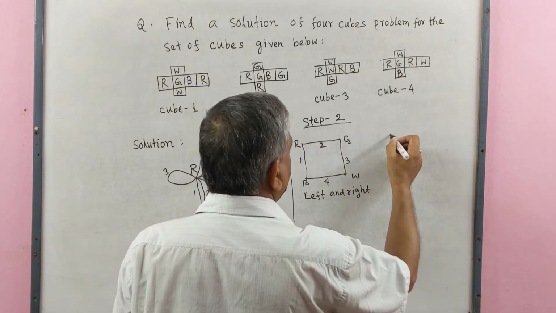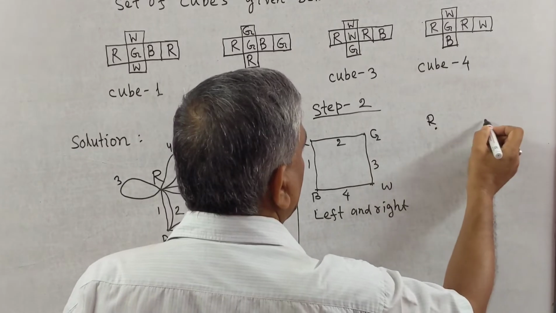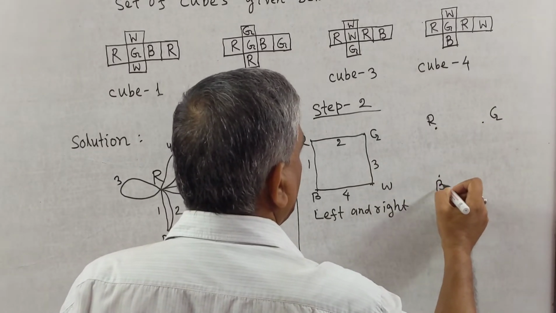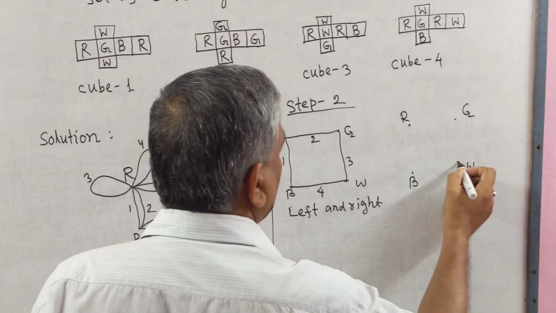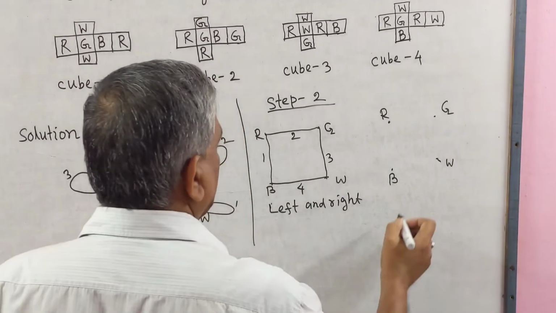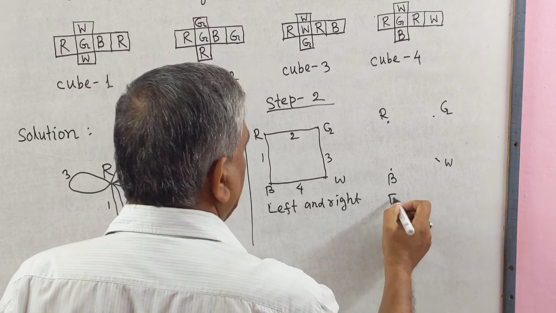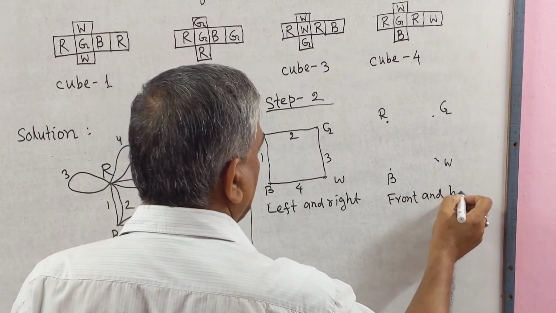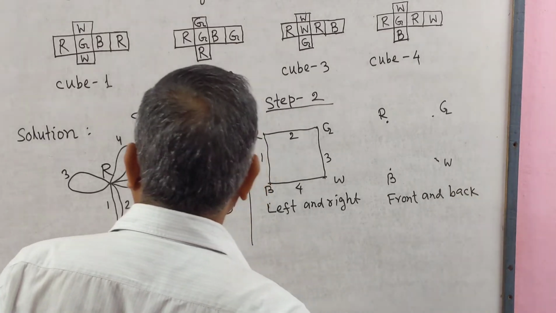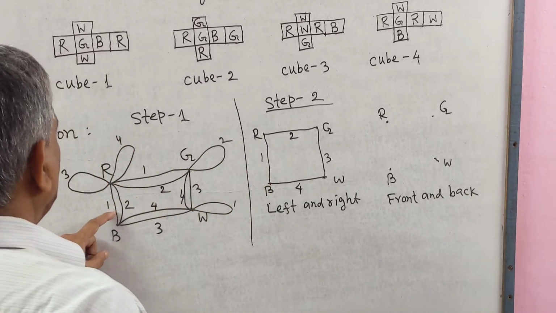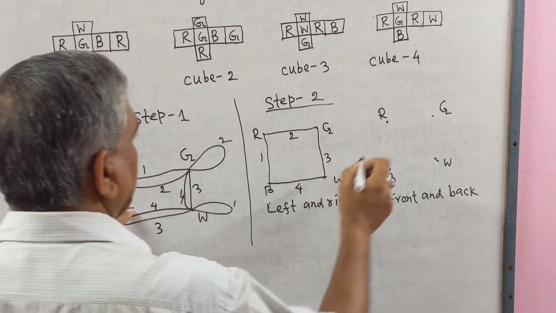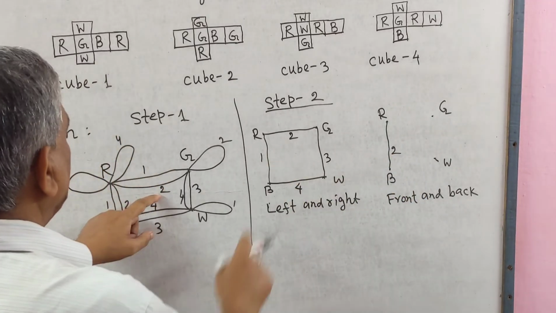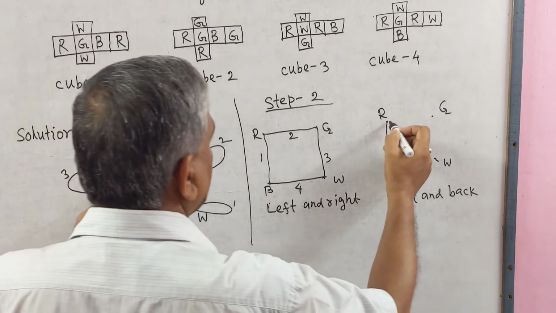Now another subgraph R, G, B and W. This is for front and back. Here we have already taken 1, so remains 2. So here we write 2. Here we have taken 2, so remains 1.